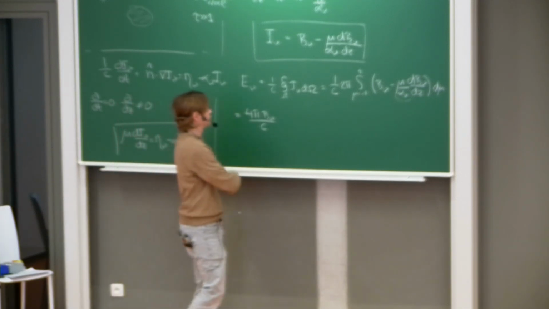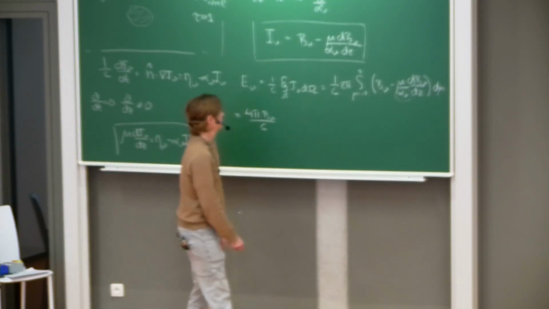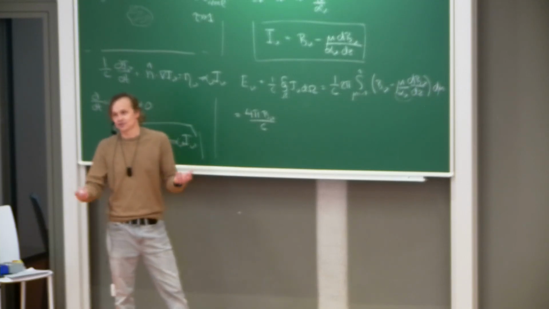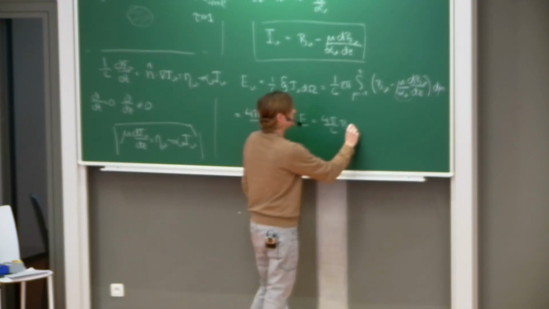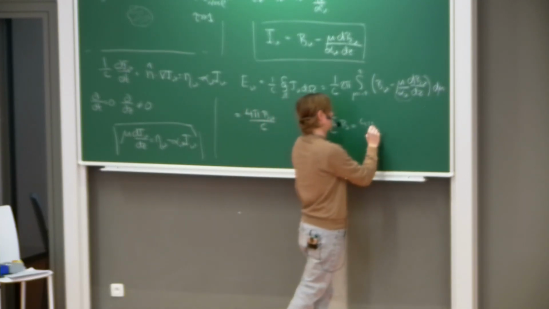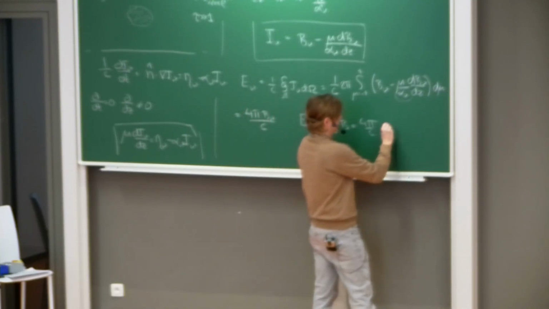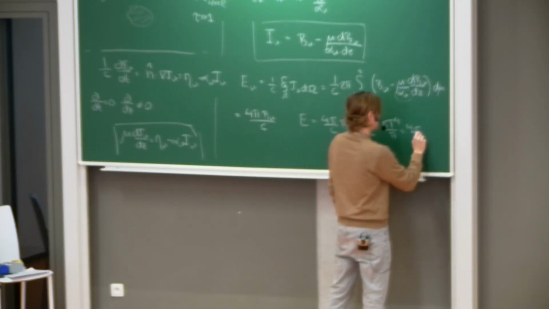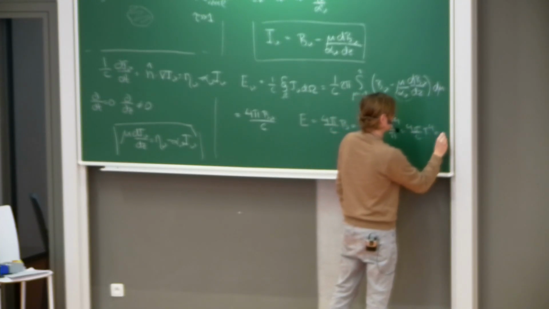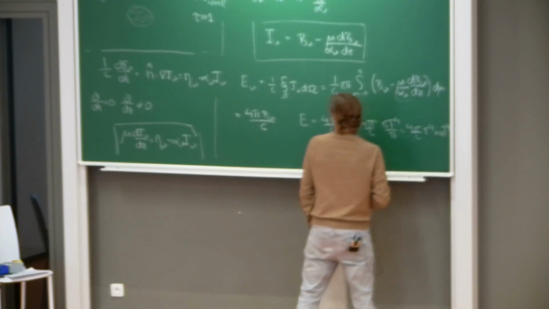So this one is just 4 pi B nu divided by c. Or if we frequency integrate this now, well, that's sort of a trivial frequency integral, I would hope. It's just 4 pi divided by c, B, which is just 4 pi divided by c sigma T^4 divided by pi, or sigma c T^4, which we called before a T^4.